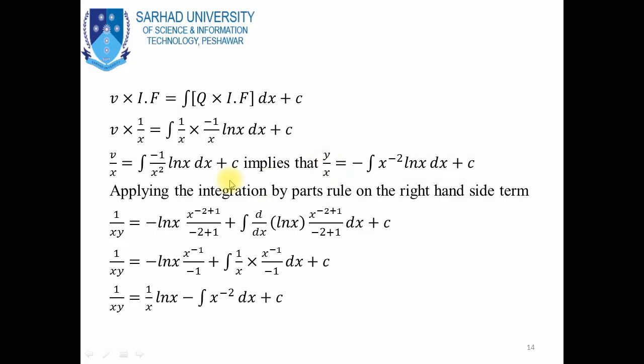So v by x is equal to minus, shifting this x power 2 to the numerator, x power minus 2 natural log of x with respect to x plus c.